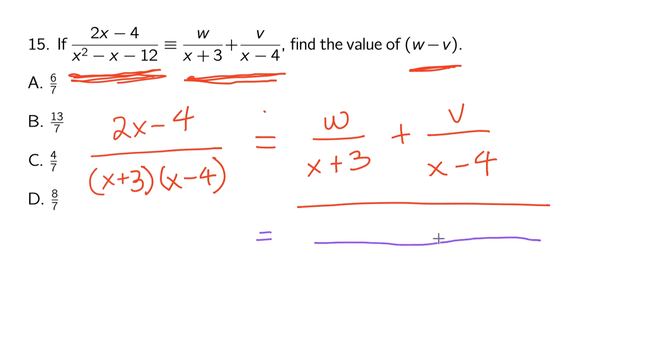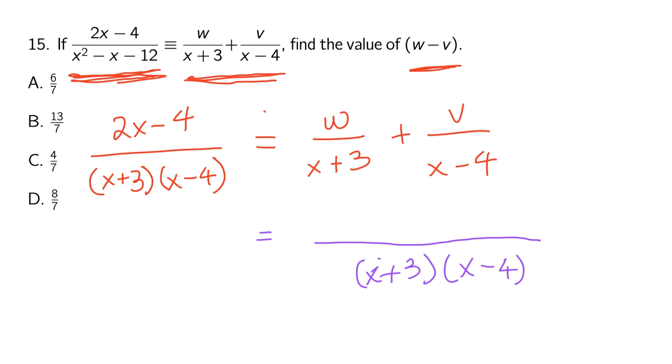So you have this. Now you can write a common multiple, x plus 3, x minus 4, and with that common multiple you can write the fractions over one denominator.